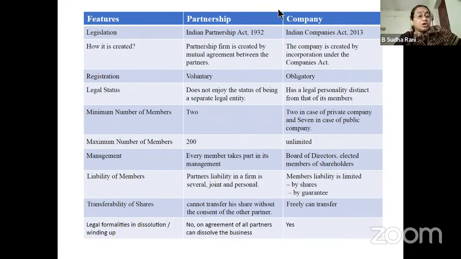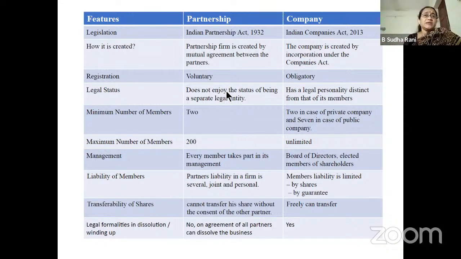But in joint stock companies, the board of directors manages, because it's a company formed with a large number of shareholders, so you cannot leave everyone to manage. So the elected members of the shareholders are called the board of directors, and these directors manage the business.